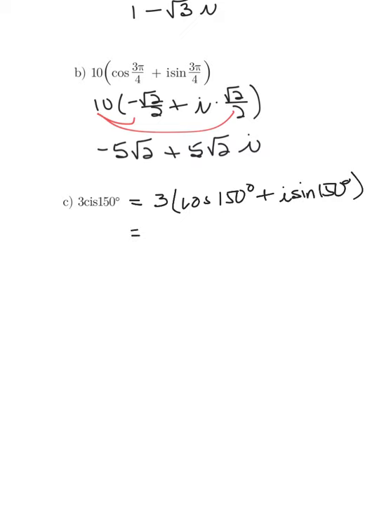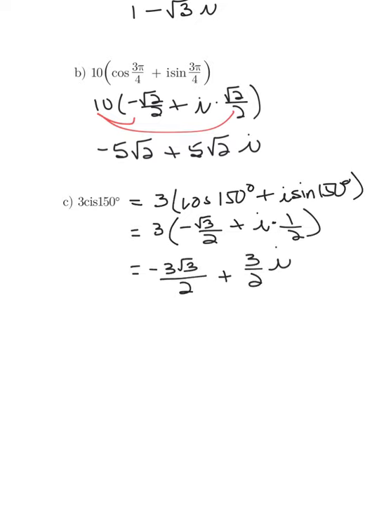So we're going to have 3 times cosine of 150 is negative square root of 3 over 2 plus i times the sine of 150 is 1/2. Distribute your 3, you're going to get negative 3 square root of 3 over 2 plus 3 times 1/2 is 3/2 i.